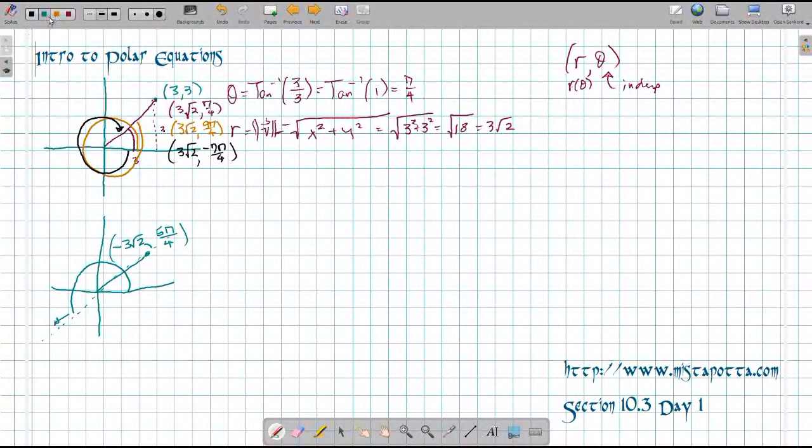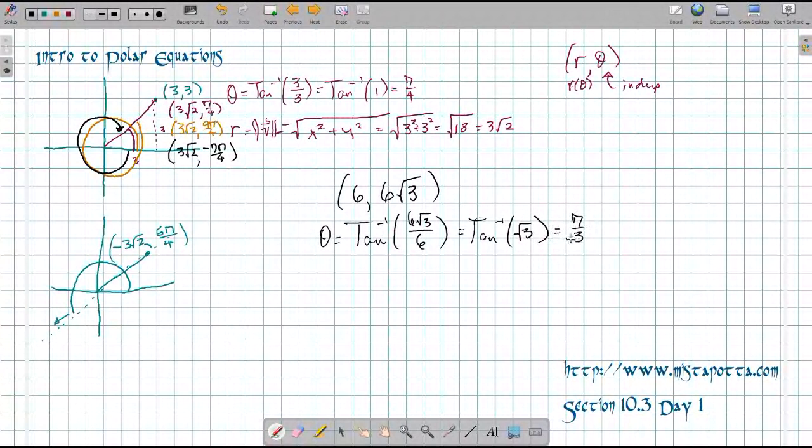So if I'm dealing with, say, the point (6, 6 root 3), then to find theta, it's going to have to be the arctangent of 6 root 3 over 6, which would be the arctan of radical 3, and that happens at pi over 3.